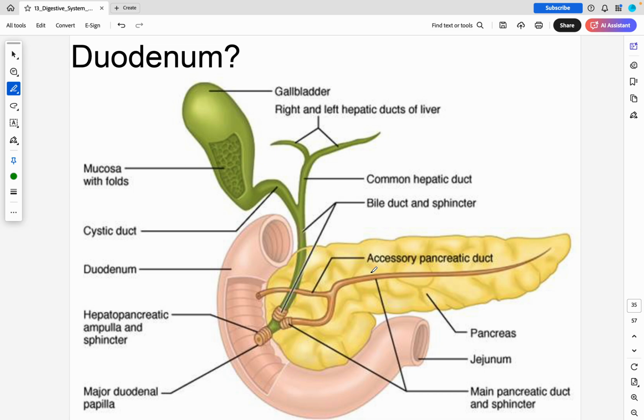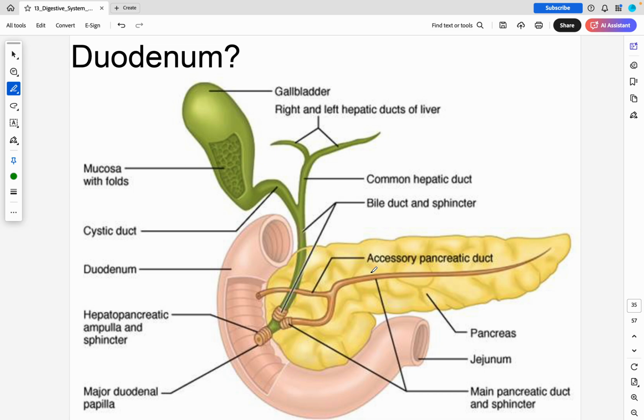And then we have the gallbladder, which is associated with the duodenal region of the small intestine. You can see there is a common duct that combines the secretions of the pancreas and the gallbladder.